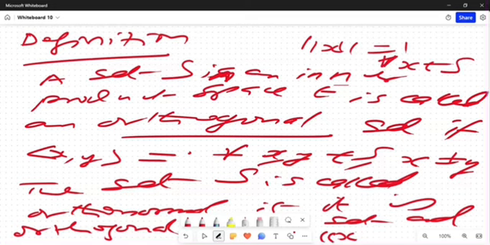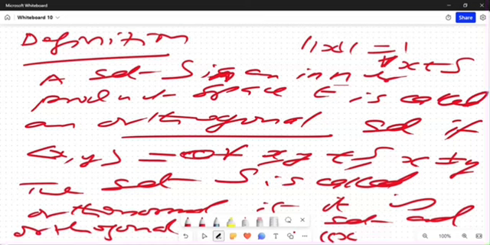So let's go through that definition again. A set S in an inner product space E is called an orthogonal set if the inner product of x and y is 0 for every x and y in S, and of course, x is different from y.